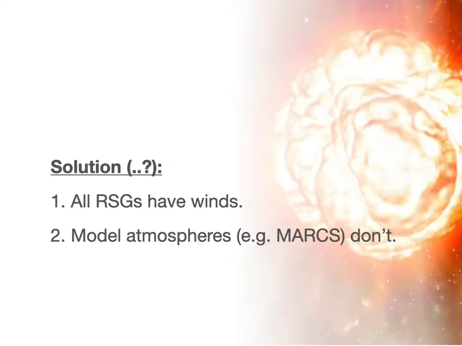So one possible solution is this. We all know that red supergiants have winds, but all the widely used model atmospheres, for example MARCS or PHOENIX, have no wind included.